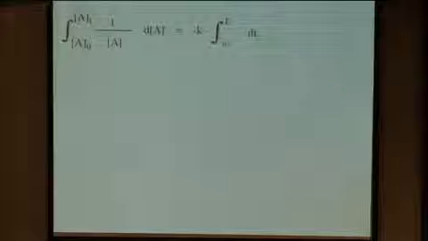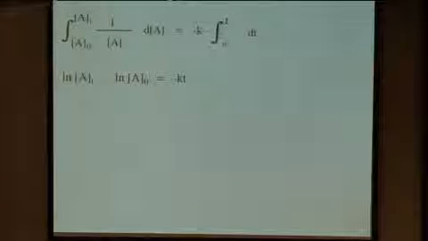So there's that expression again. Now you can write this expression also in terms of natural log. So we can rewrite this as the natural log of the concentration of A at time t minus the natural log of the concentration of A at our original time, or the original concentration, equals minus kt.